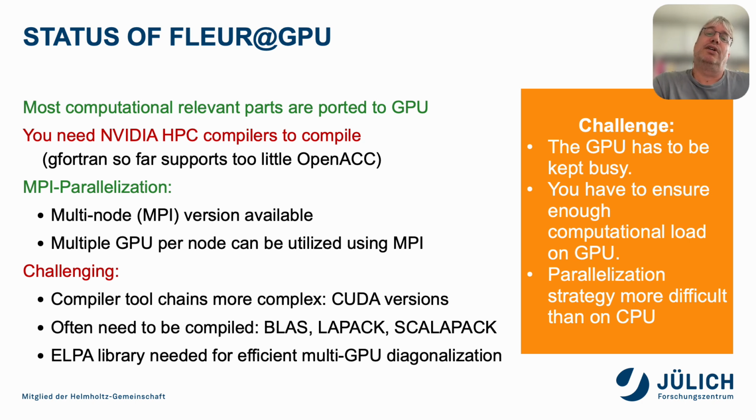So you have to make sure that your system is large enough, your problem is large enough, and that your parallelization is suitable so that each GPU has enough work to do. And that makes the parallelization strategy more difficult than on the CPU, and you really have to test carefully what is efficient. So will the code really profit from my GPU, and how do I have to set up the calculation in order to get the best performance out of it?